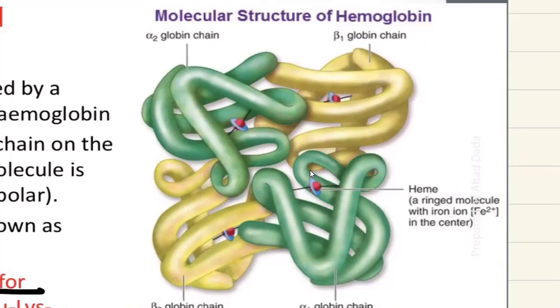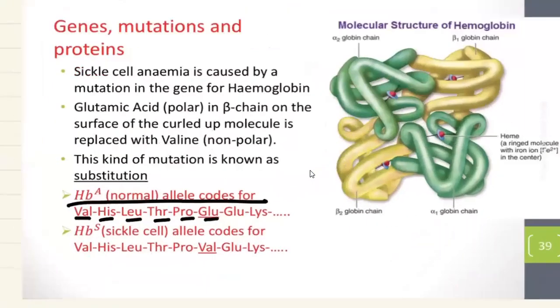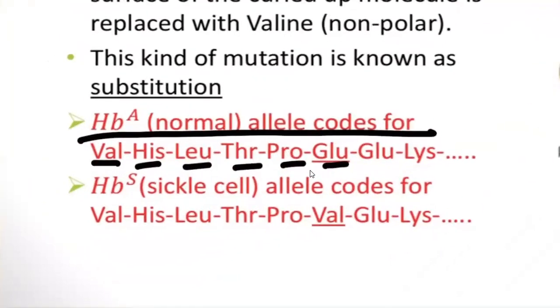So let's say we have an amino acid sequence for the adult hemoglobin, okay, which is the adult hemoglobin allele, to which we give the symbol hemoglobin A allele, okay. Then there is another allele, which is the hemoglobin S allele, which is a sickle cell allele.